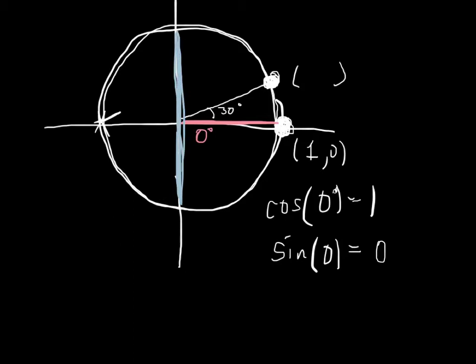The sine values are these blue values that go up and down the y-axis, and I'll keep using pink for the x-axis. The cosine values are these pink values that go back and forth across the x-axis. Okay, so now back to the question in the homework set.